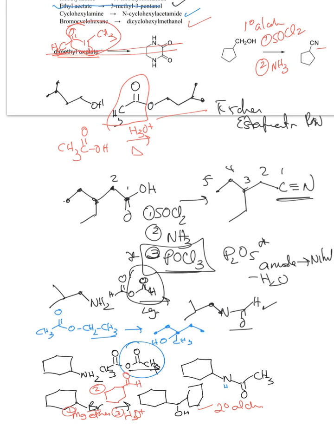So that will give you your nitrogen that you need. So you got CH2, NH2, and then you want to dehydrate that. So you can take amides to the nitrile by just reacting with POCl3. It's a dehydrating reagent, and that should make your nitrile.